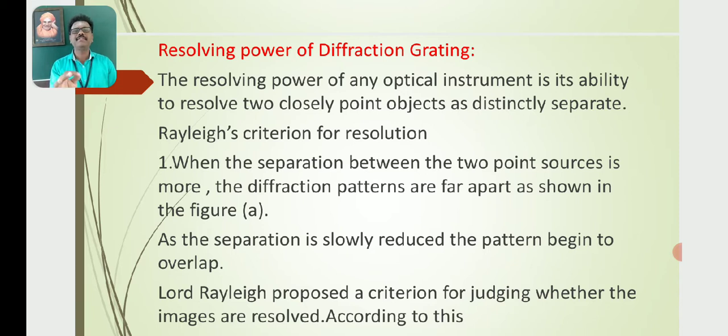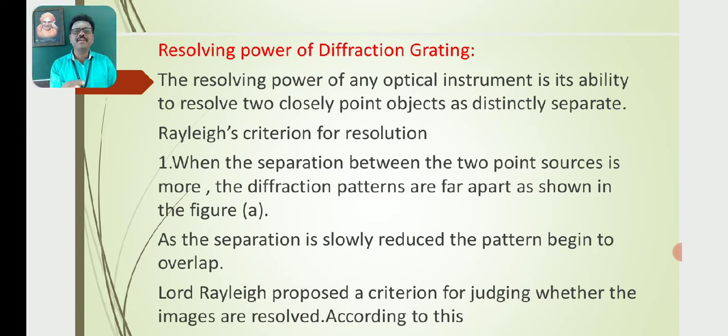the resolving power of a diffraction grating. What is resolving power? It is the capacity of the instrument or device to separate the two closely lying images of an object.